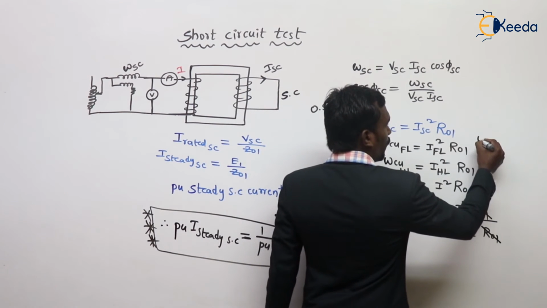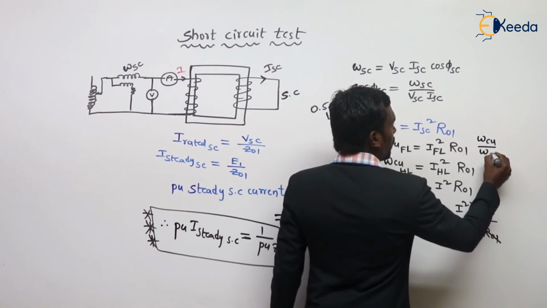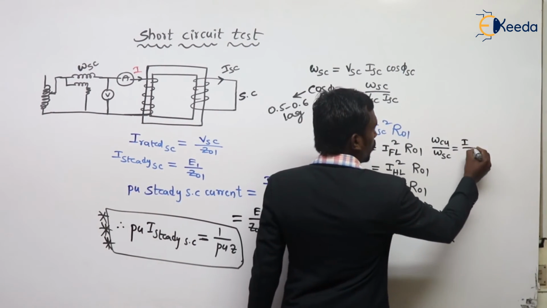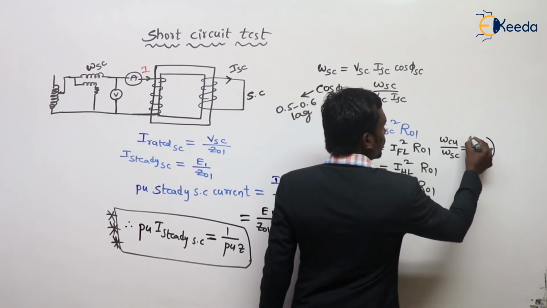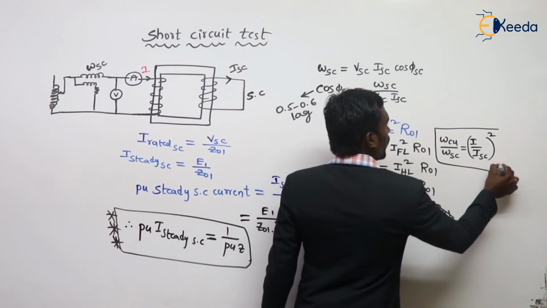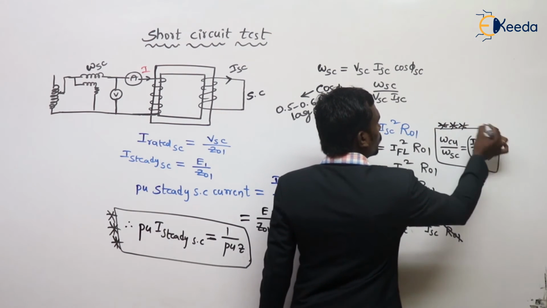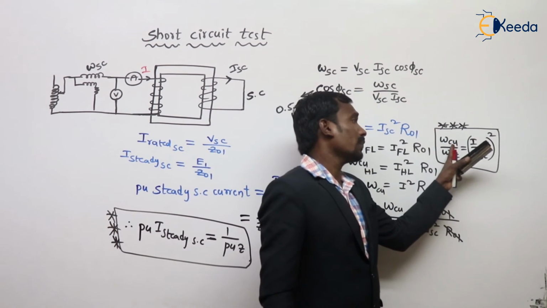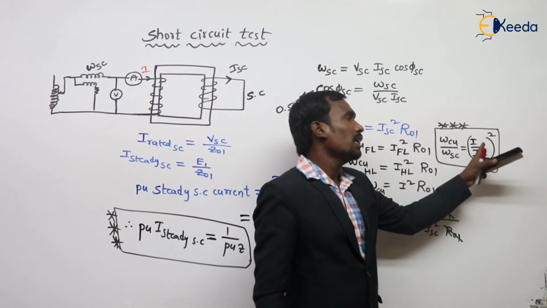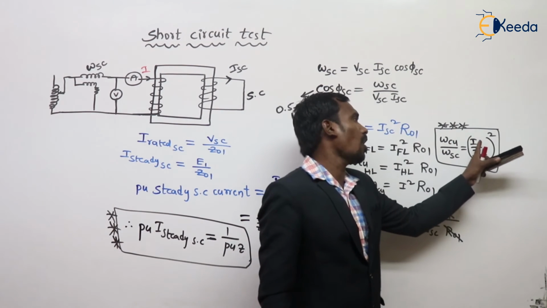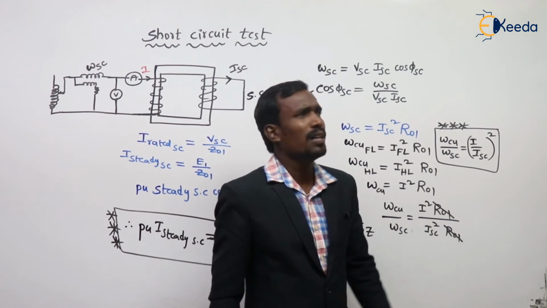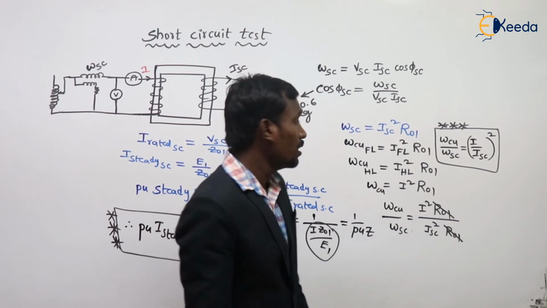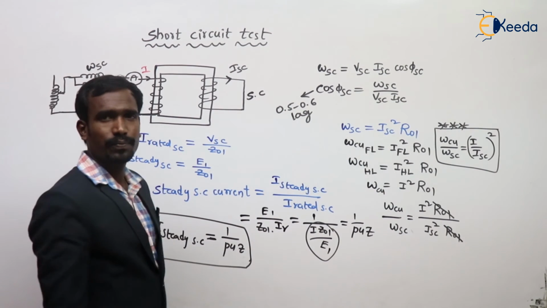So finally, a very important formula: copper losses to the short circuit losses is equal to I by ISC whole square. They may ask you problems on this equation. If you want full load copper losses, you have to substitute full load current. If you want 10% of load copper losses, you have to substitute 10% of load current. Like that, we can calculate any copper losses. This is a very important thing.